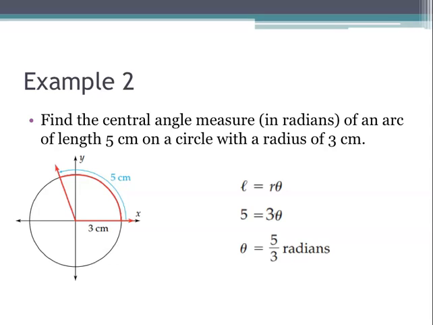That just means that the angle measure given there is 5/3 radians. And we know that 1 radian is equal to 180 over pi. If you were to divide that out, you get about 57 degrees. Again, we're trying to work our way into using just radians and not needing to necessarily convert back and forth between radians and degrees.